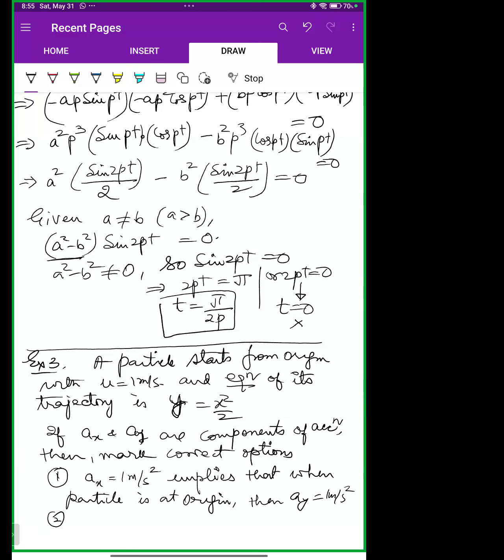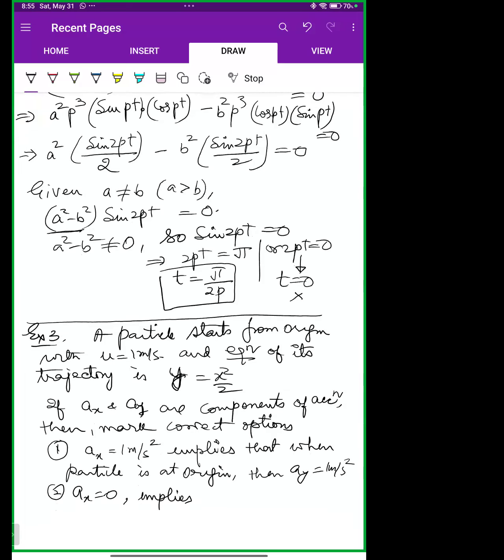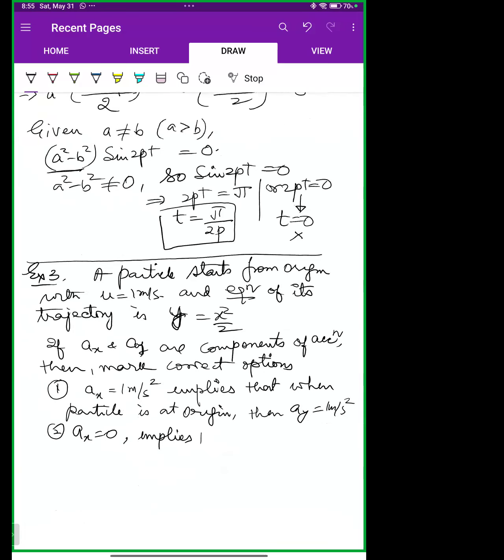Second option, ax equal to 0 implies that ay is equal to 1 meter per second square at all instants.